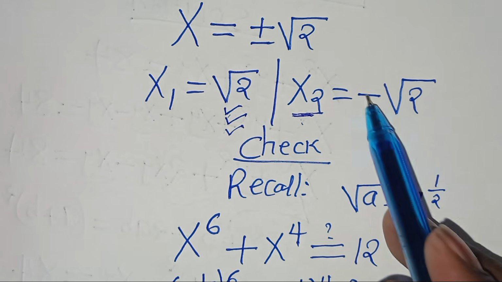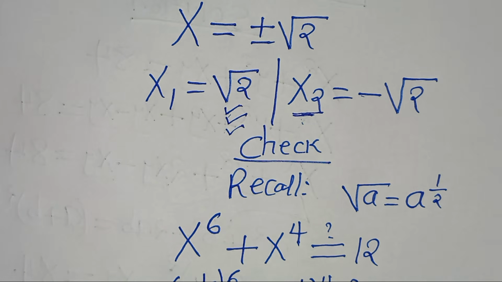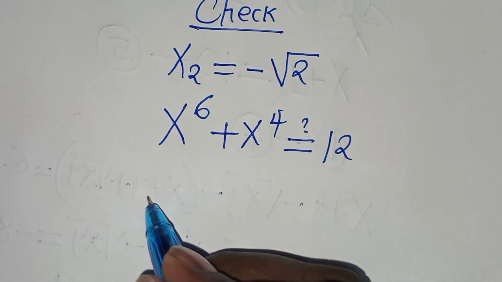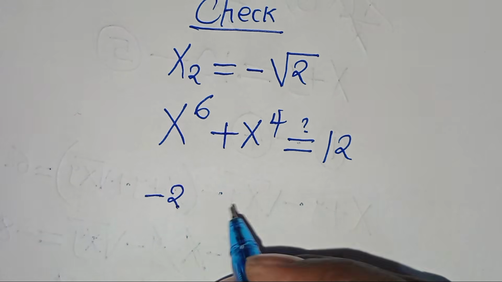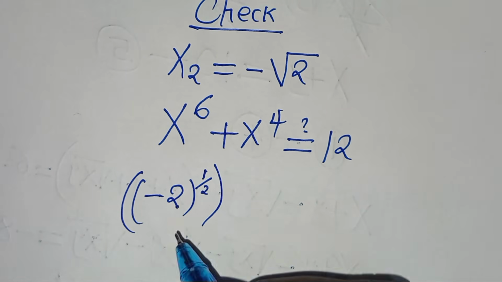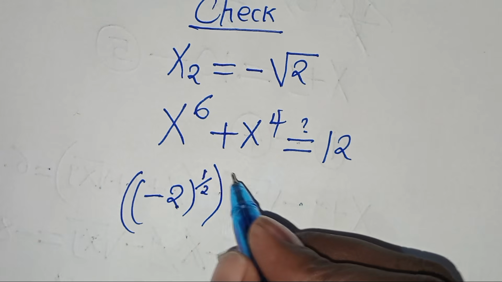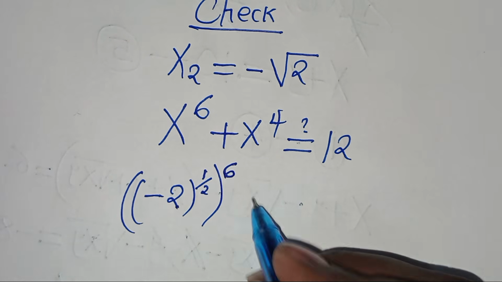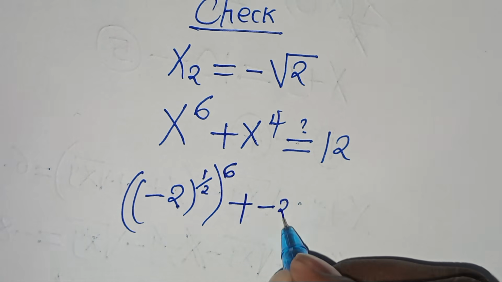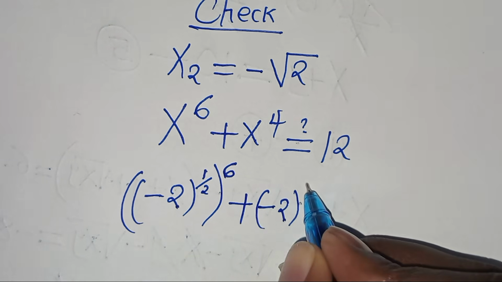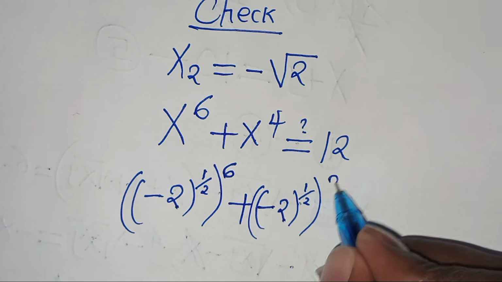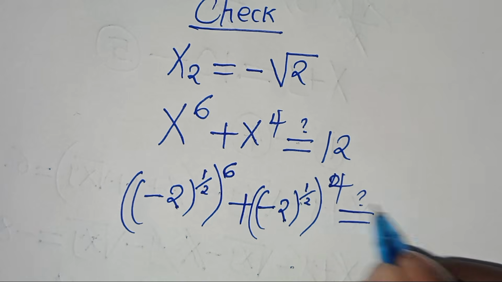Now let's check x2, which is negative square root of 2. So this is negative 2 raised to the power of a half, then raised to the power of 6, plus negative 2 raised to the power of a half, then raised to the power of 4. This should give us a value of 12.